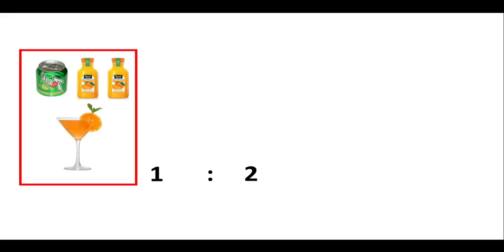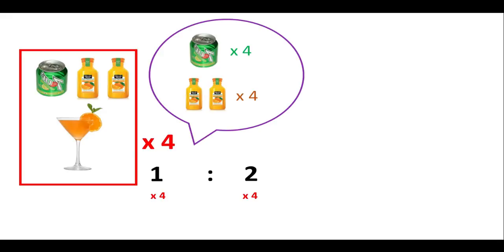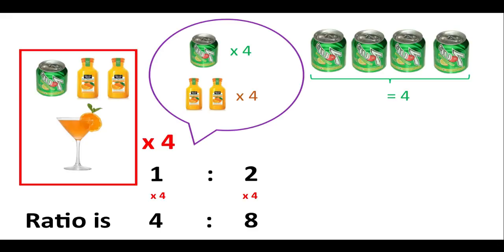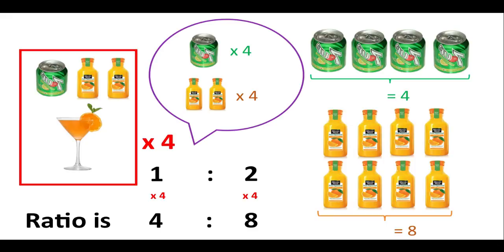Thus, if it takes 1 shot of soda and 2 shots of orange juice to make 1 cocktail, multiplying that ratio by 4 will give us the number of shots needed in order to make 4 cocktails. That is, 4 to 8. So we need 4 shots of soda and 8 shots of orange juice in order to make 4 cocktails.